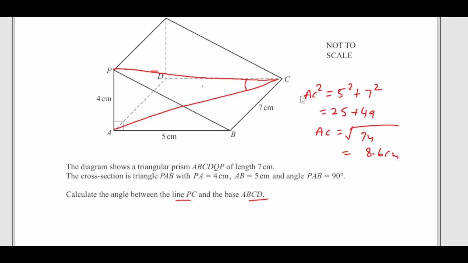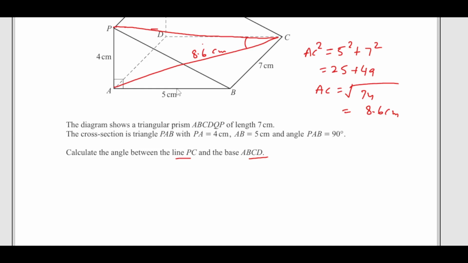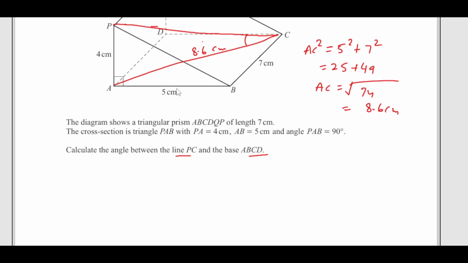So once we have this 8.6 centimeters, as this is a right angle triangle, with the right angle here, we can use SOHCAHTOA here. So we will have tan of angle PCA equals 4 over 8.6. So you can easily use SOHCAHTOA here.